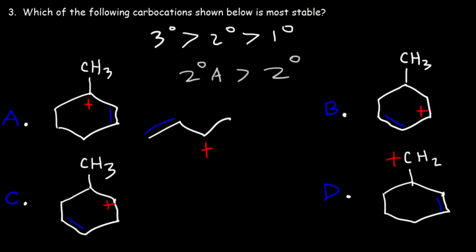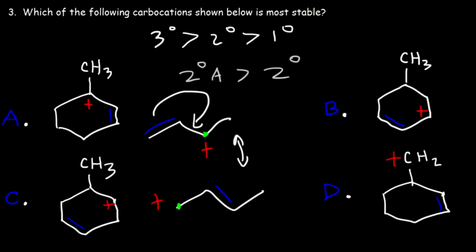And the reason why allylic carbocations are relatively stable is due to the resonance stabilization of the carbocation. This double bond can move here, creating a resonance form that looks like this. So as you can see, the plus charge is shared between 2 carbon atoms as opposed to 1. And as a result, it's more stable.